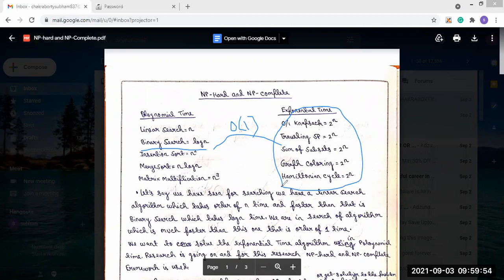So if we can show some relation between them and put in collective effort, then if, let's say, the 0/1 knapsack problem is solved, and we can make the relationship with the other exponential time algorithms, then if one exponential time algorithm is solved and there is a relationship between all of them, we can say that if it can be solved in this way, the others can also be solved in this way. This is the thing about the research.